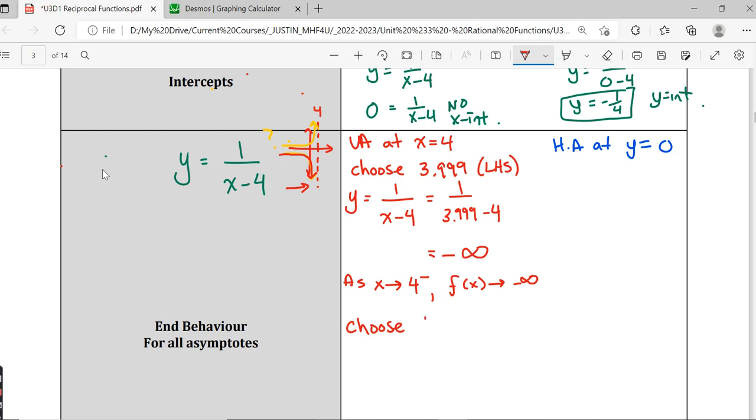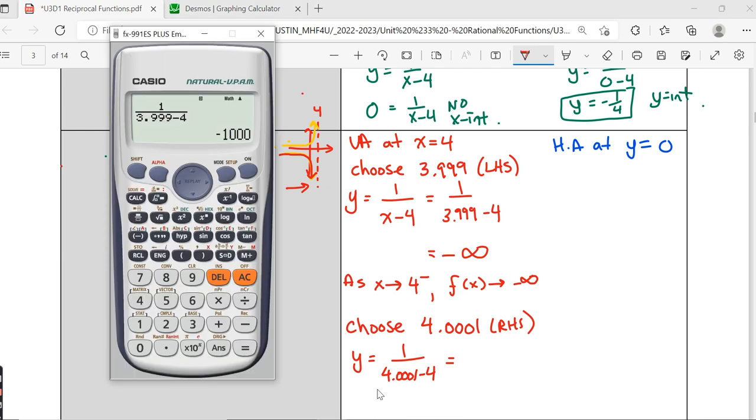Choose 4.0001, which is a number from the right. So I'm just going to choose a number from the right, and then I'll have y equals 1 over 4.0001 minus 4. Now let's see if this is going to be a very big number or a very small number.